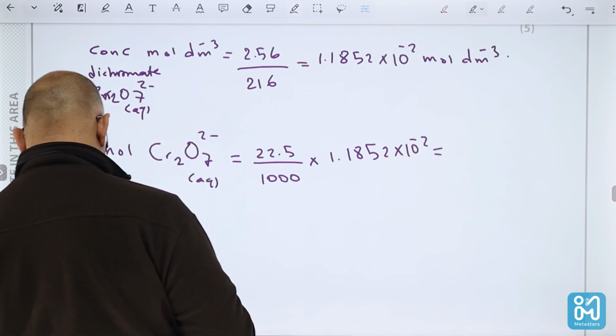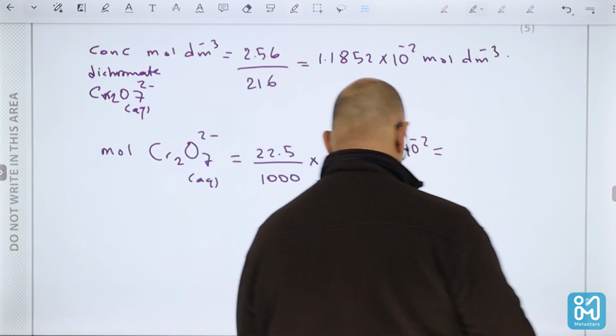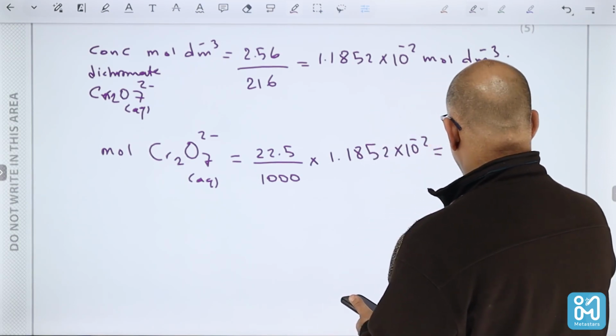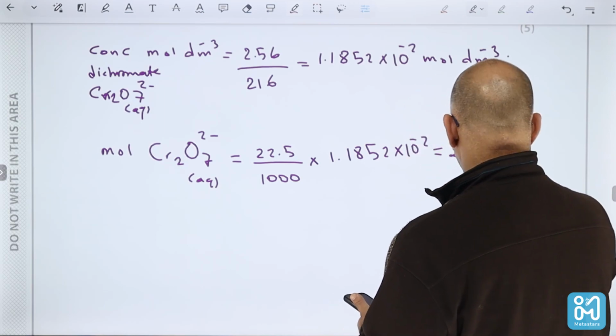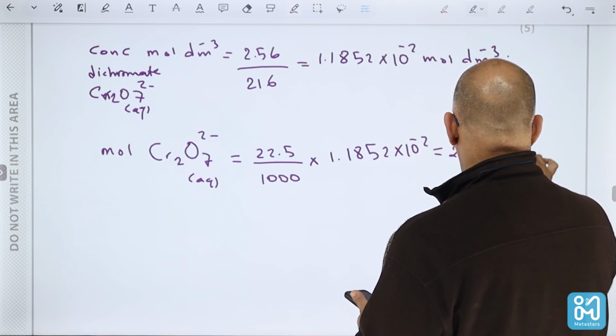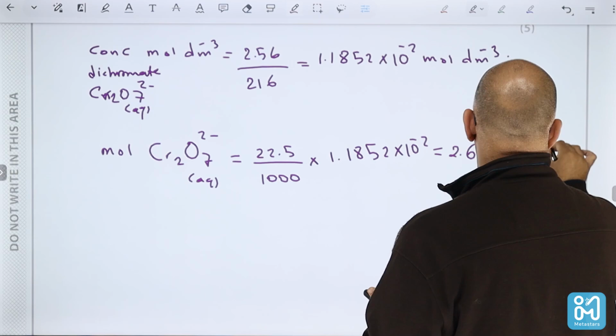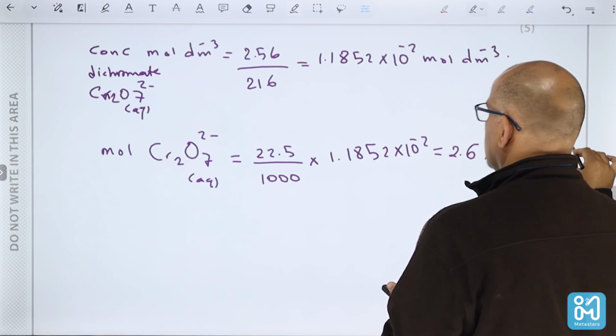This equals 2.6726 times 10 to the power negative 4 moles.